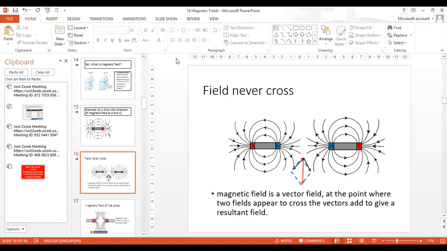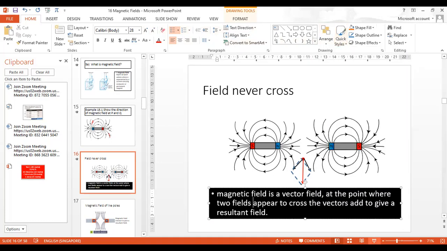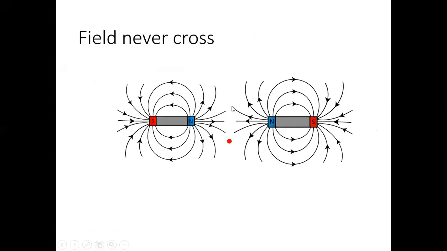They are two different magnetic fields. Think it through. Okay, there are two fields, north and north. They look like they are going to intersect. Even at this point, it looks like it's going to intersect, but the key to remember is that at that point, this one will be going that way, and for this one, it will be going the other way.